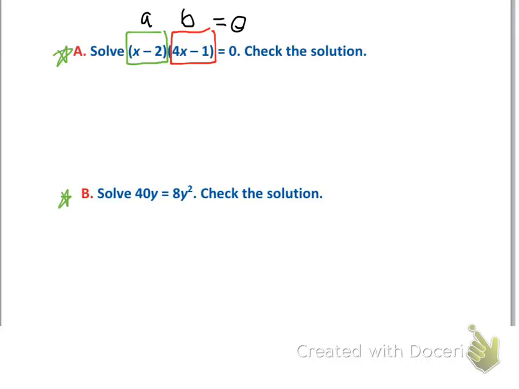So that means that either x minus 2 needs to be equal to 0, or 4x minus 1 needs to be equal to 0. One of those two cases has to equal 0 in order for that solution to happen. So I've got two possibilities for what x could be. So now all I have to do is solve. x could be 2.